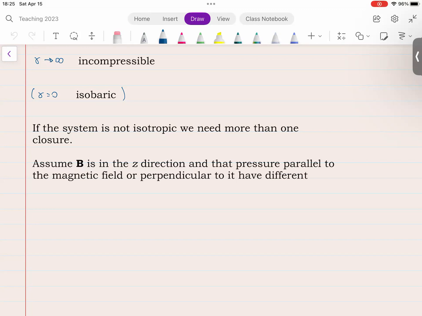Or at least they're allowed to have different values. That will give us a pressure tensor that looks like this.